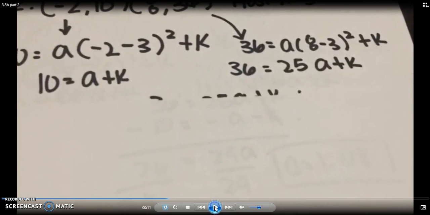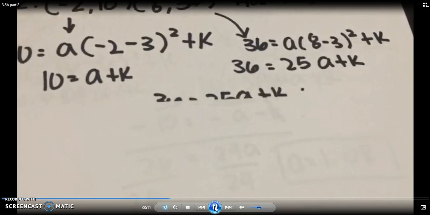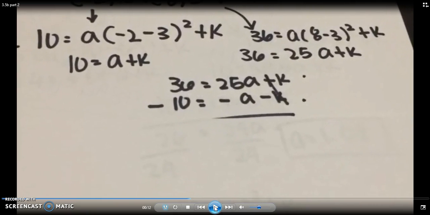And you have to do the same thing for your second set of points. So it's 36, your y, equals a parentheses 8, your x, minus 3, your h, parentheses squared plus k. And so that simplifies down to 36 equals 25a plus k. So you want to find your a, so you're going to turn one of the equations into the opposite, and I changed 10 equals 25a plus k into a negative so my k's can cancel out.